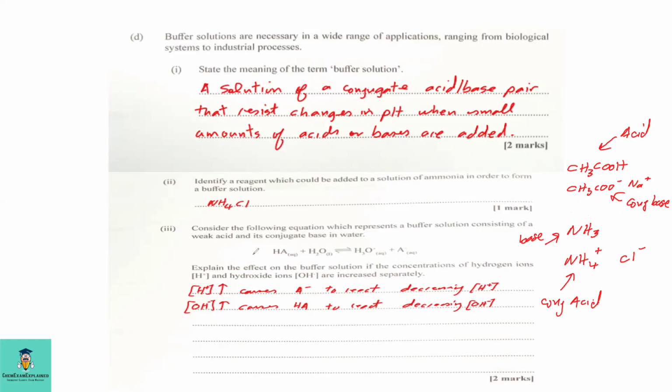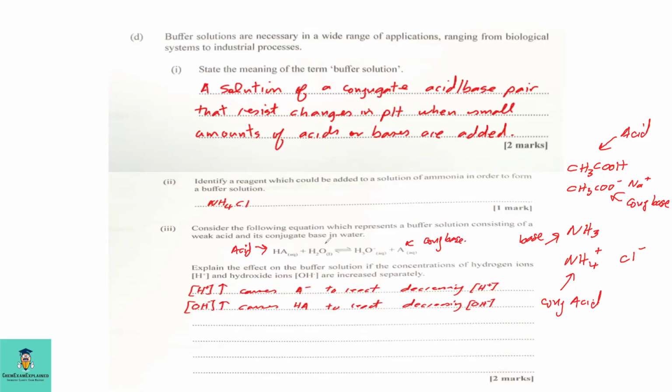Now, let's look at the equation in part 3. We have HA, which represents an acid. And, of course, A minus represents the conjugate base. So this is the acid, and this is the conjugate base.